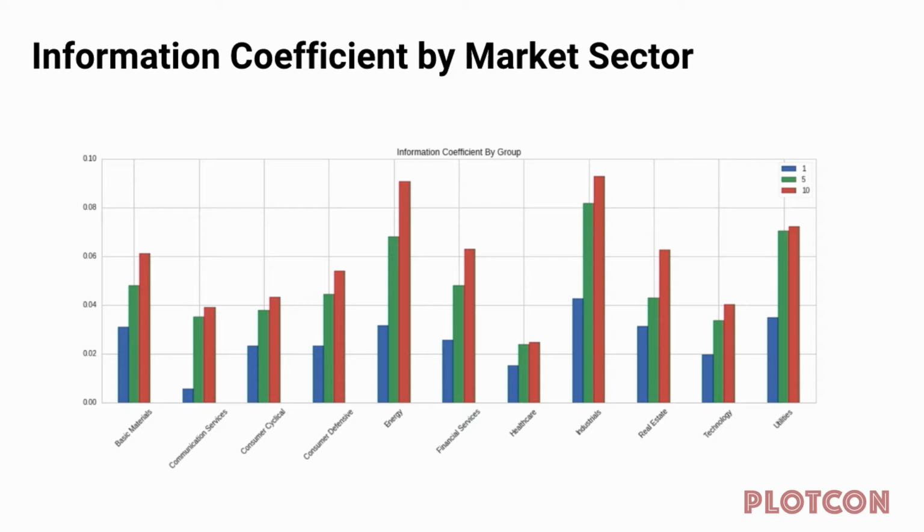A lot of times the factor you're studying contains information about some sectors but not others. Financial companies like banks report their earnings and information about themselves in a very different way from a lot of other companies, so they'll often look kind of weird on their own, and this analysis lets you see that.